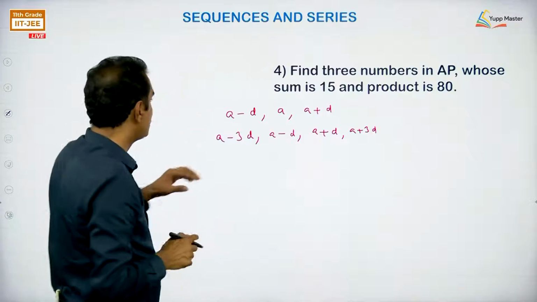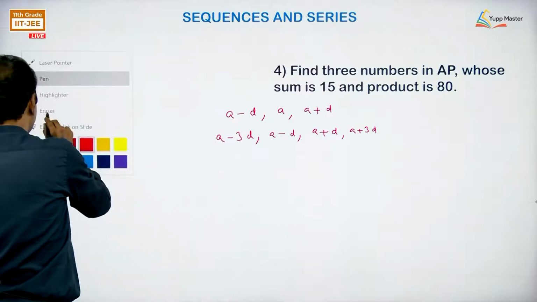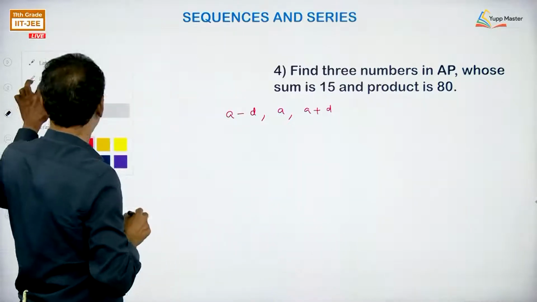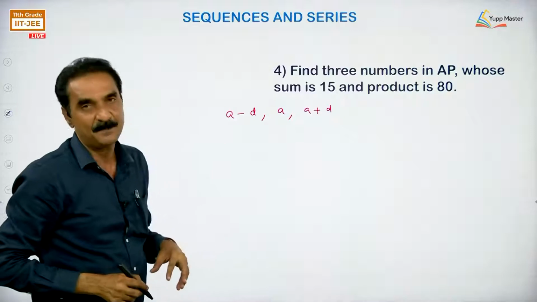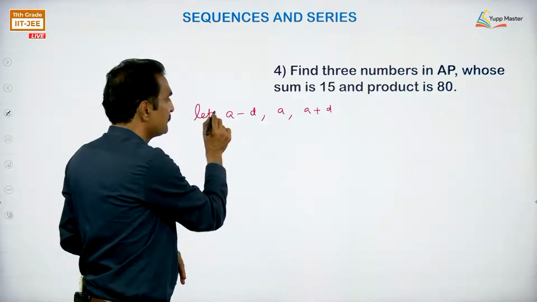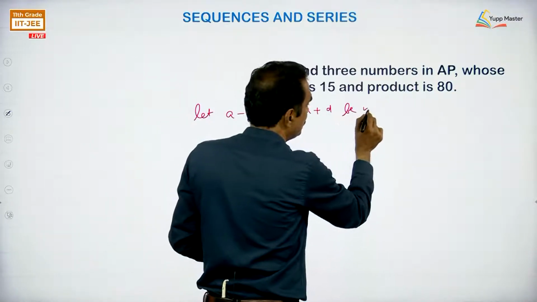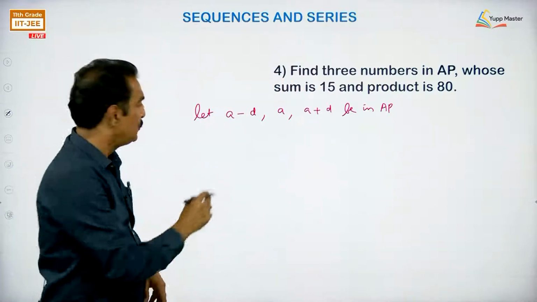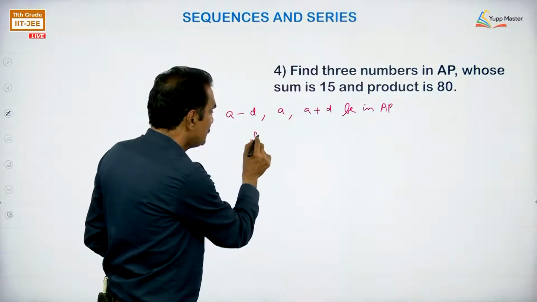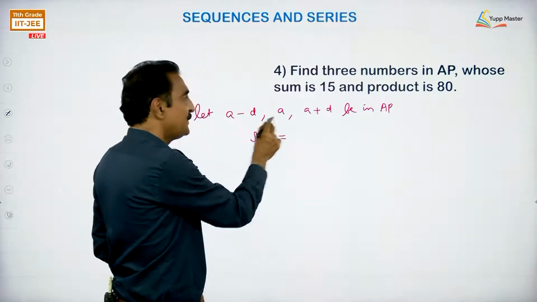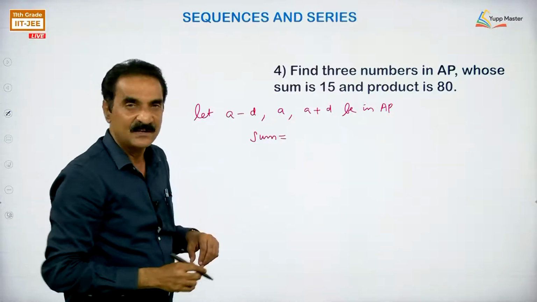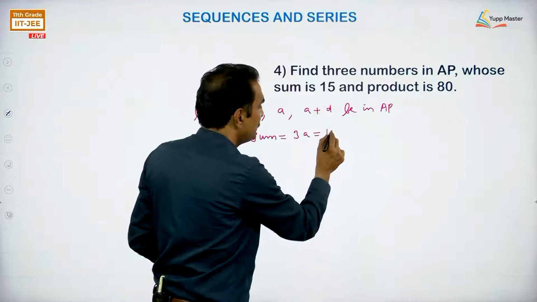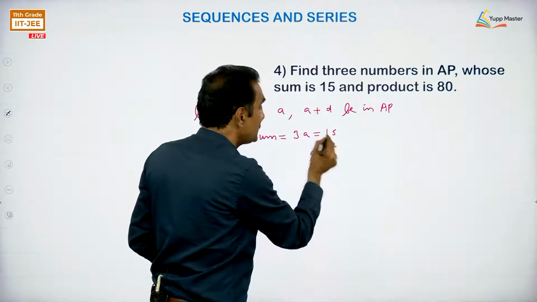Alright, now let us take the numbers which are in AP as A minus D, A, A plus D. Now, their sum is 15. What is the sum? If you add these three, D will be cancelled, you will get 3A is equal to how much? 15.